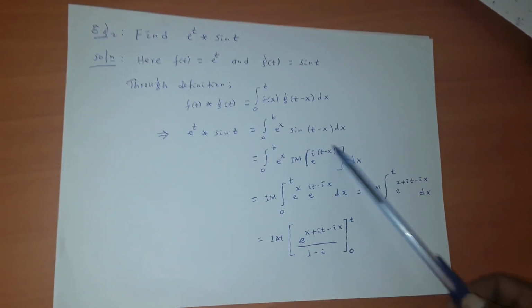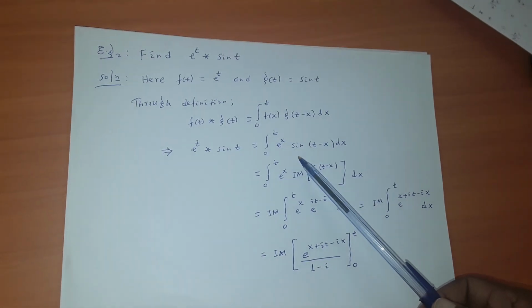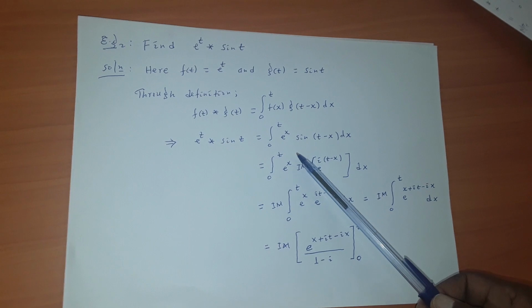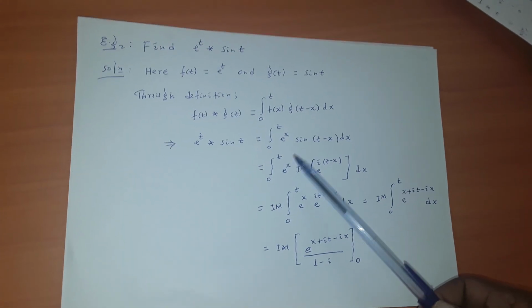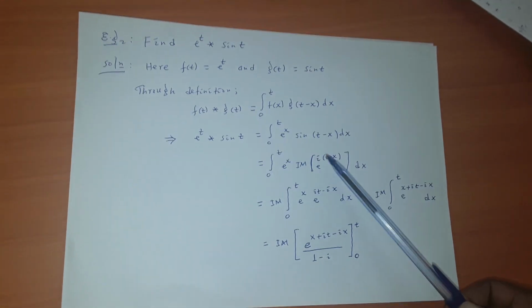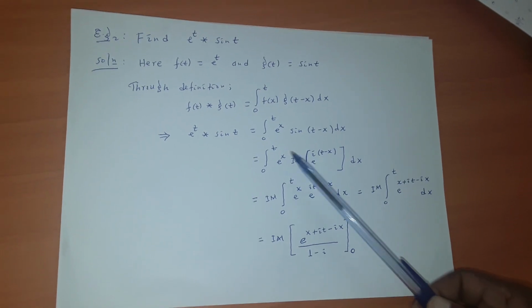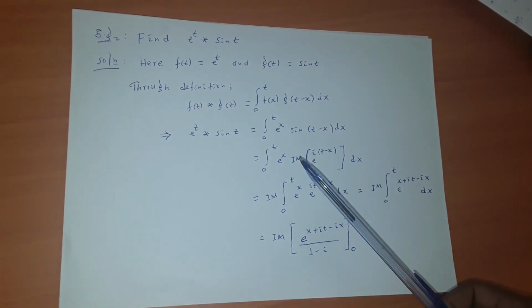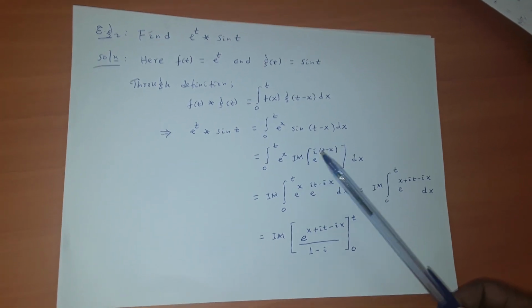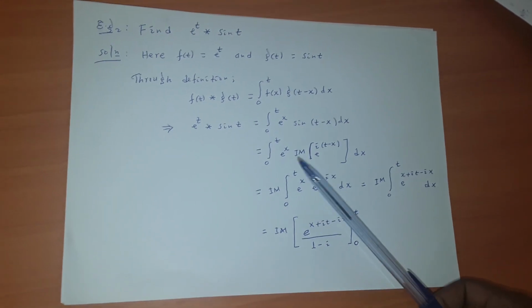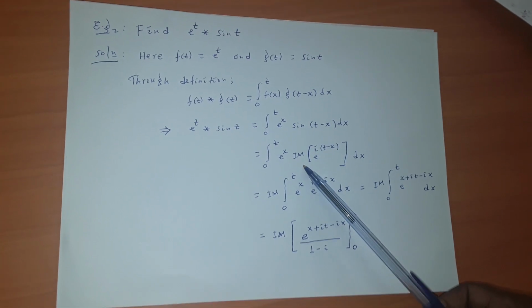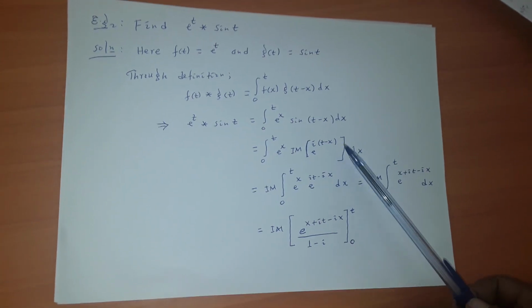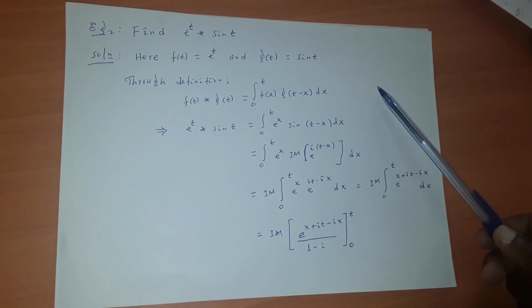So it needs computation: we compute the integration of e raised to x sine of t minus x. You are free to apply many techniques to compute the integration here. You are already familiar with multiple techniques of integration, but here let me show you that sine of t minus x can be written as the imaginary part of e raised to i times t minus x, from Euler's formula.